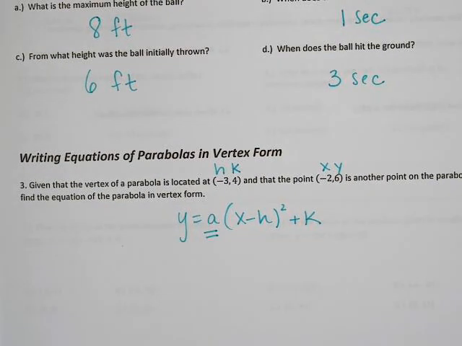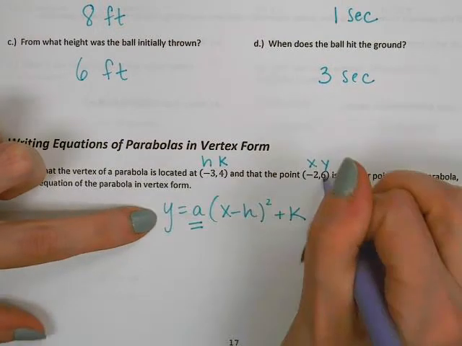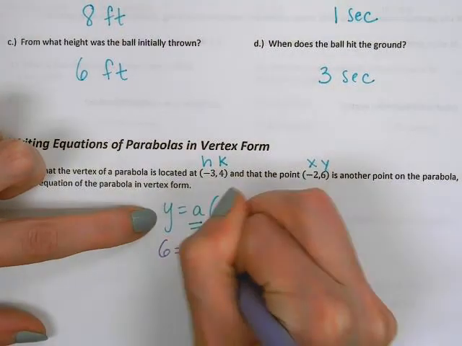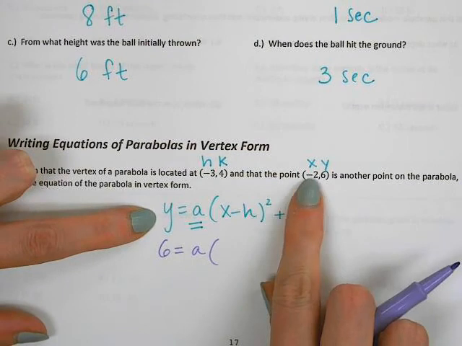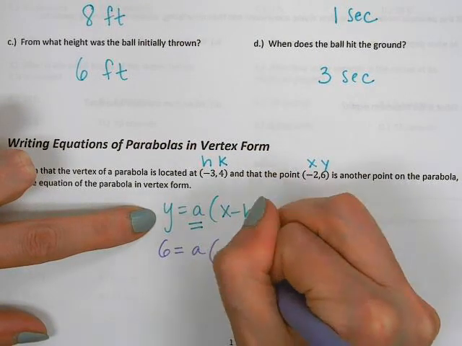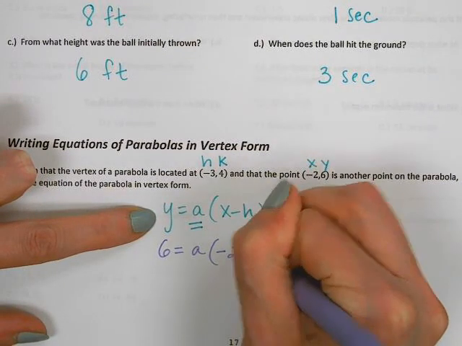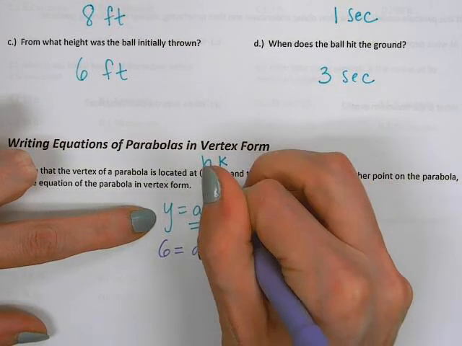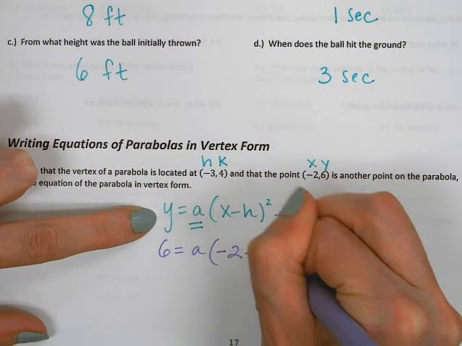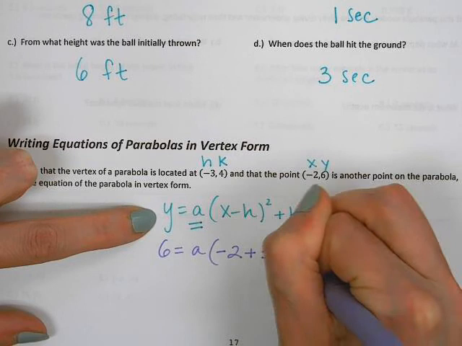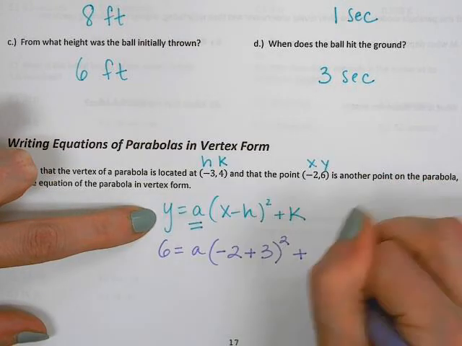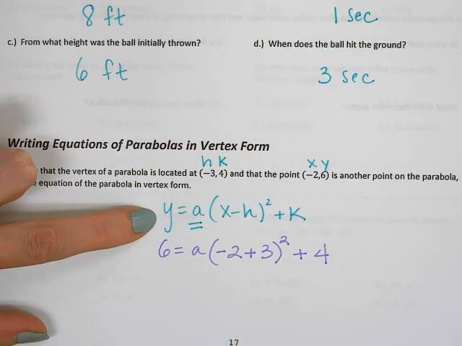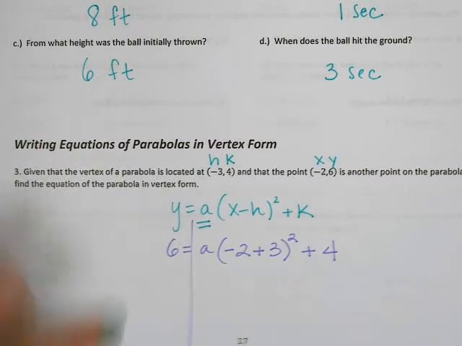So for y, we're going to plug in 6. For x is negative 2 minus h, but minus a minus becomes a plus 3 squared, and then plus k is 4. Okay, and now you guys have to solve for a.